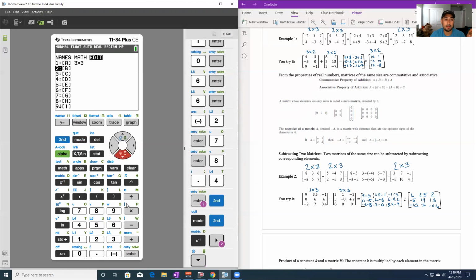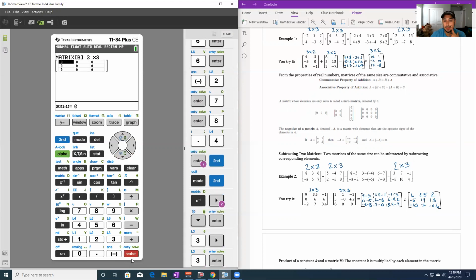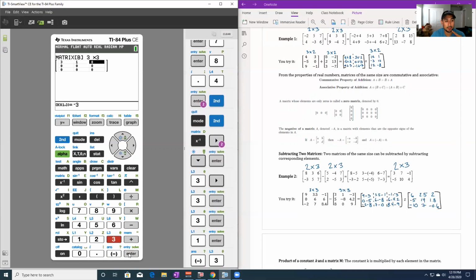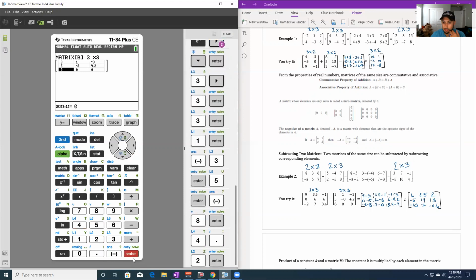So now let's go make matrix B, which is also 3 by 3. And then we'll have 3, 1, -3, 5, -8, 4.2, 8, 0, 9.